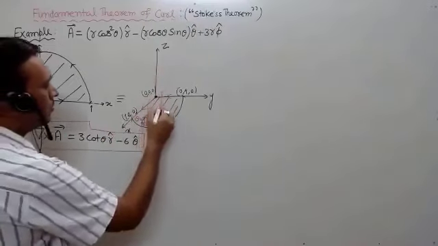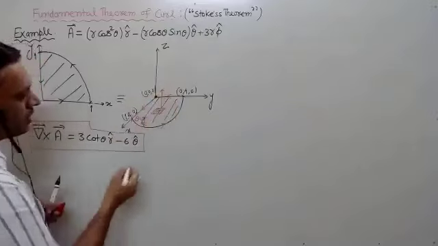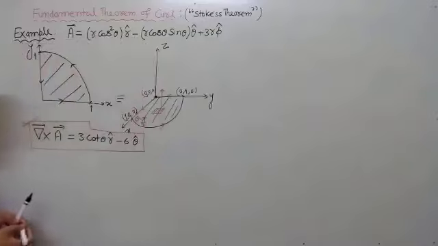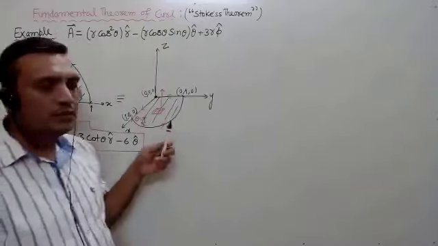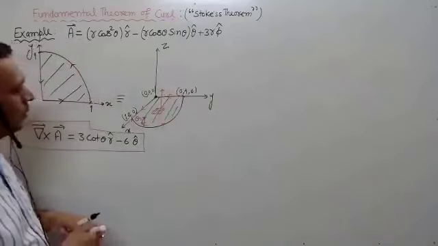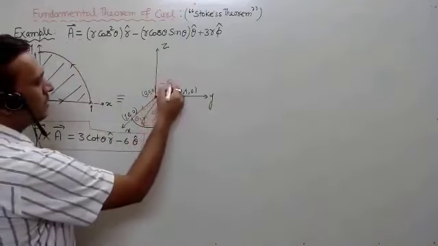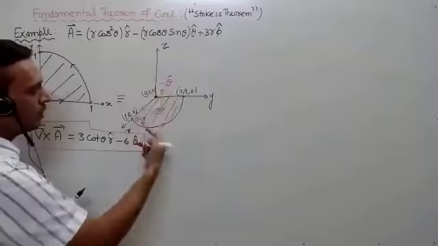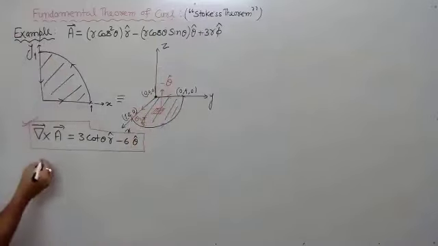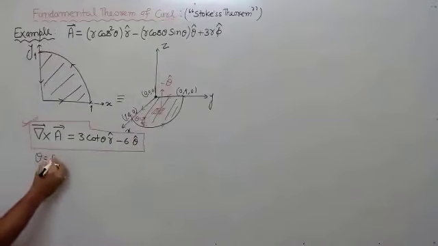Upward. And what will this direction be in spherical symmetry? Minus theta cap. This is minus theta cap because theta cap is downward. So this direction is minus theta cap. So the plane is the theta pi by 2 plane.